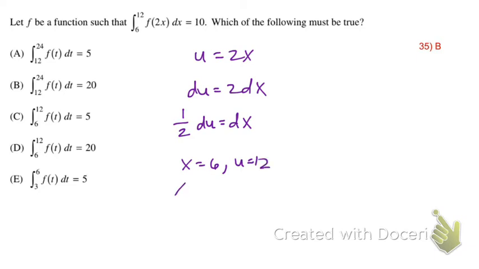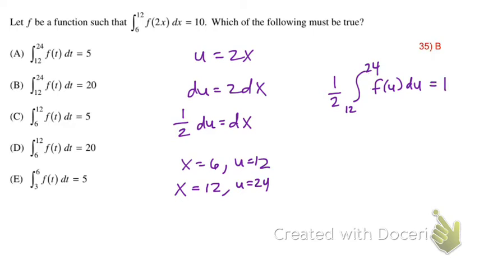When x is equal to 12, u is equal to 24. So if I actually did this substitution, I would get 1/2 times the integral from 12 to 24 of f of u du is equal to 10.